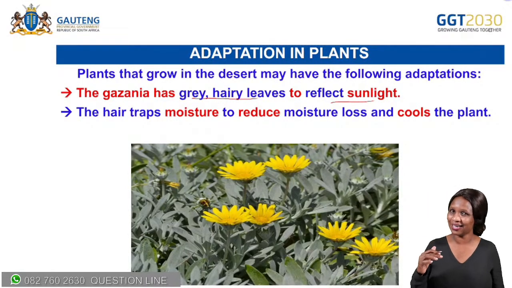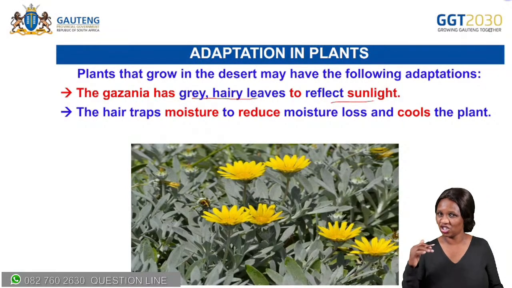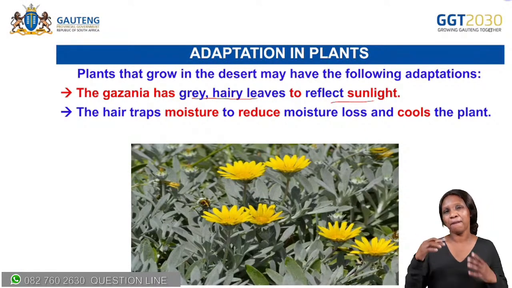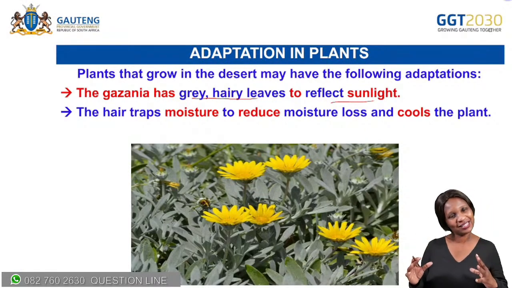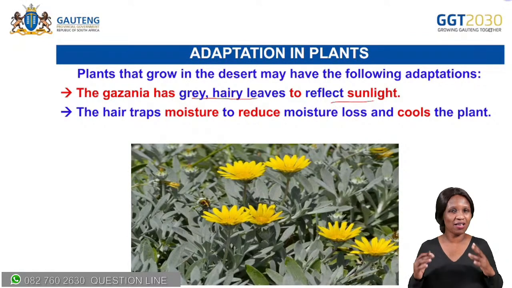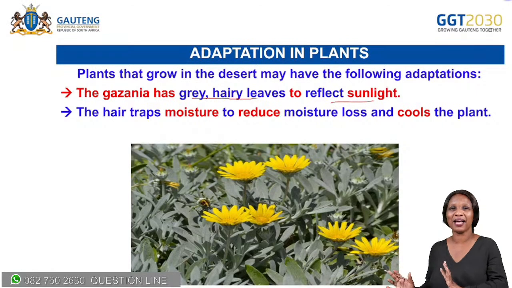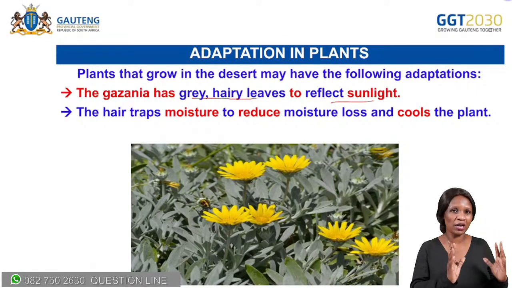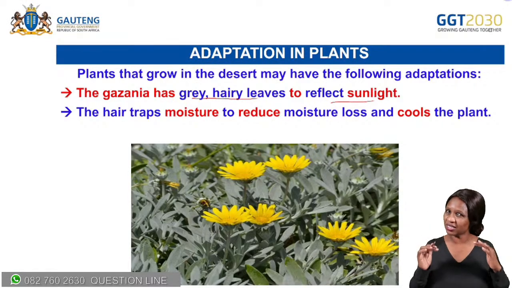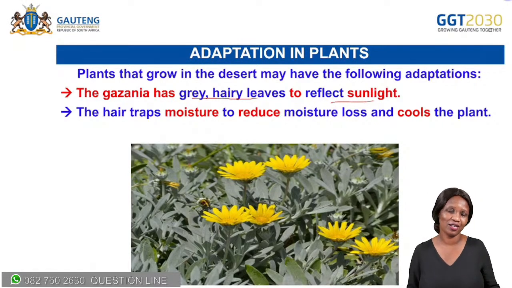A desert does not have a lot of water. It is dry. These are the extreme environments. But plants adapt to that climate. Even animals. That's why we've got the gazania plants. And then when we're talking about animals, we're talking about animals like camels, which can survive in a desert. Do you get it?